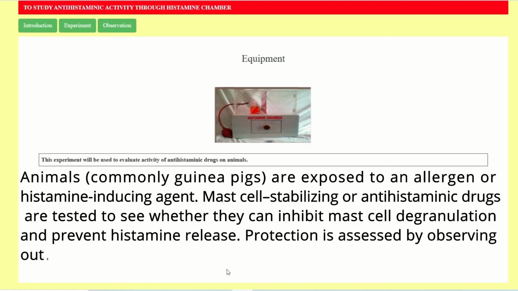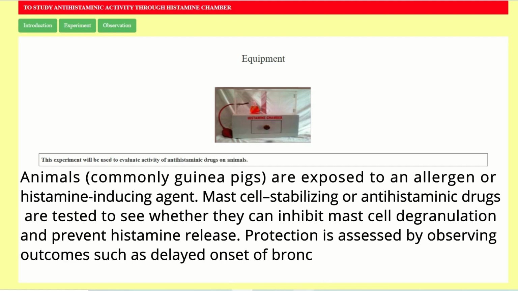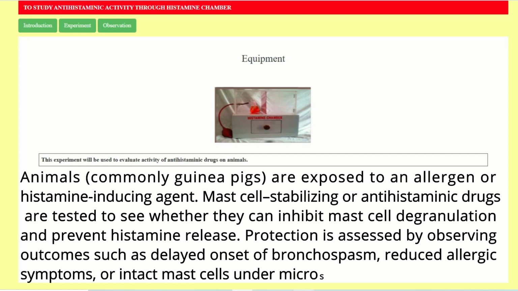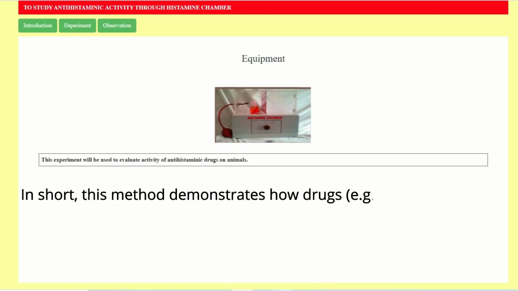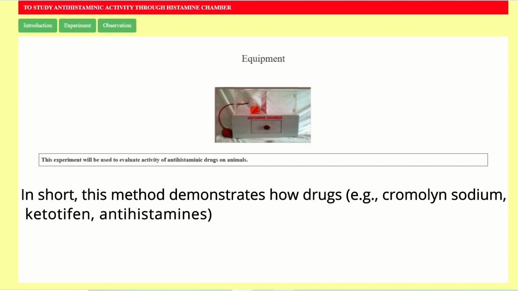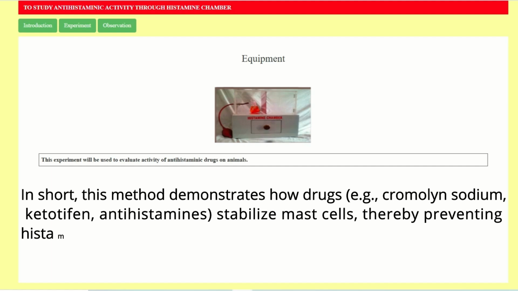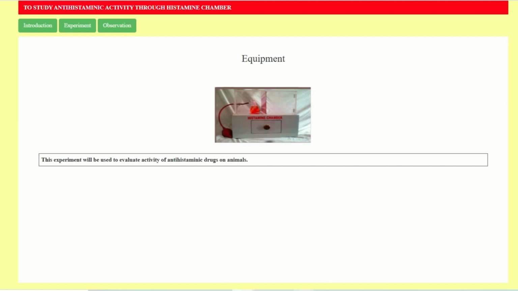Protection is assessed by observing outcomes such as delayed onset of bronchospasm, reduced allergic symptoms or intact mast cells under the microscope. In short, this method demonstrates how drugs such as cromolyn sodium and ketotifen, an antihistaminic, stabilize mast cells, thereby preventing histamine-mediated allergic response.